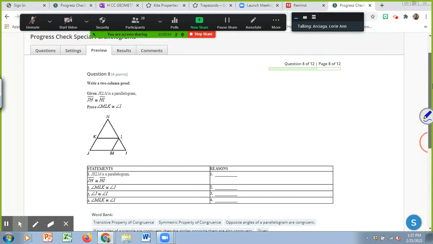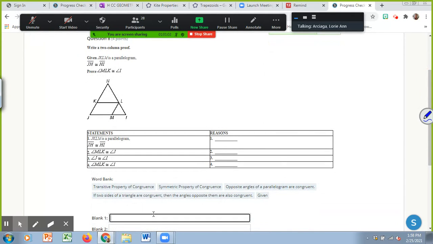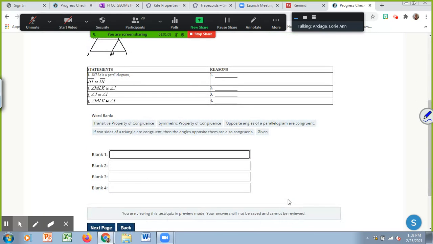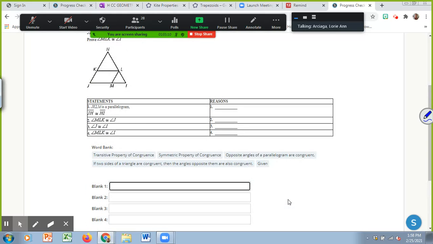Just like in Delta Math, when you have that option, you have that drop down menu. I can't do it here in Schoology, but I tried my best writing down some possible answers here and some distractors too. Okay, so let's try this.